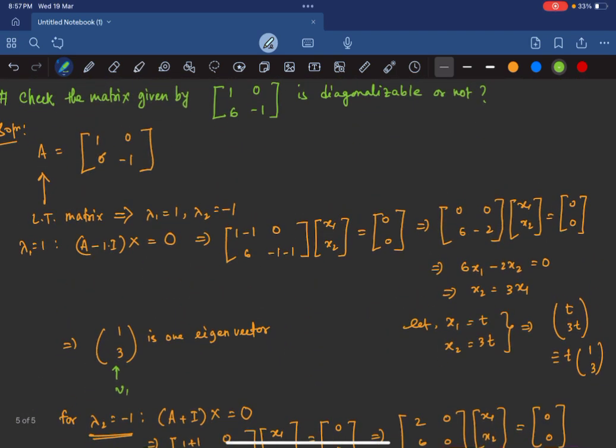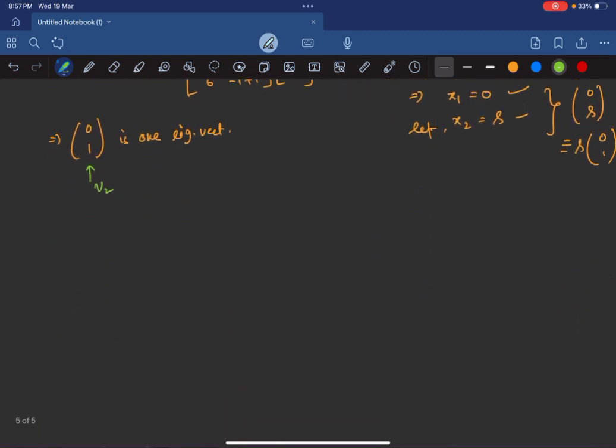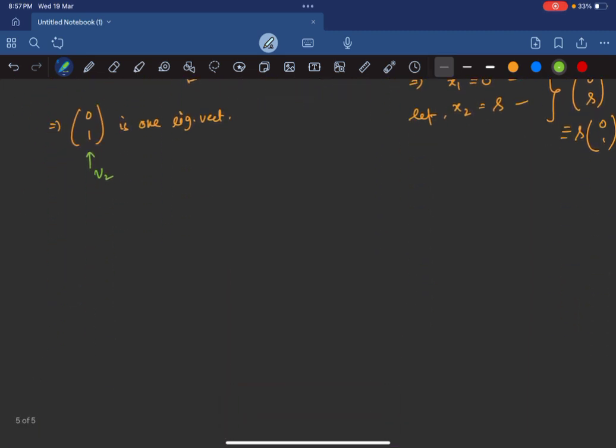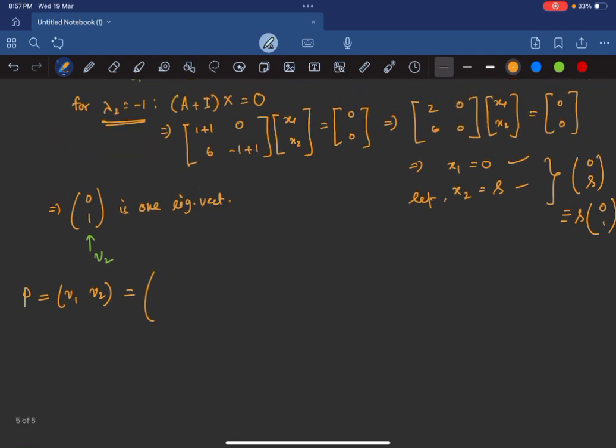So as per our notation we can write this one as v2. So far what we did, we got the eigenvalues and corresponding eigenvectors. Now next we need to set P and D. P is v1 and v2, just write them like this.